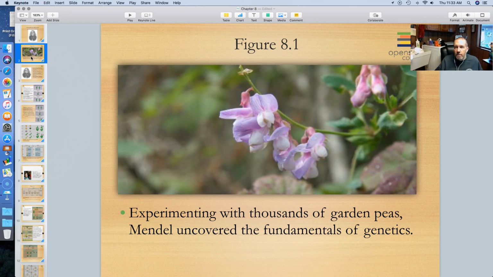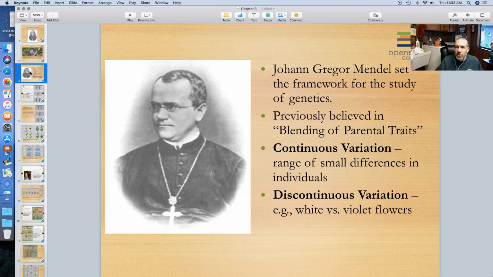And so he used thousands of plants that he bred, and bred certain characteristics, or I should say plants with certain characteristics, back and forth to each other, and that eventually led him to come up with, again, some of the fundamental concepts of genetics. So basically, he set the framework for the study of genetics, even on through today.